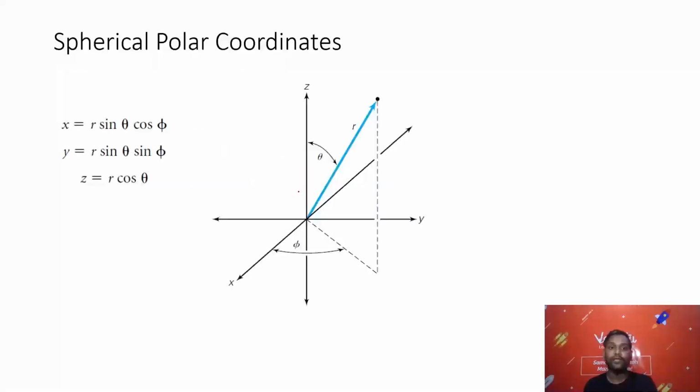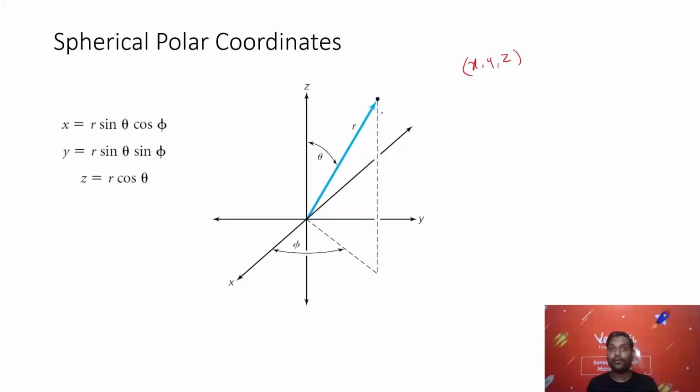Now to begin with, let us first discuss the spherical polar coordinate system. In the Cartesian system, when we have any point in 3D, the coordinates of that point are x, y, z, where x represents the distance on the x-axis, y represents the distance on the y-axis, and z represents the distance on the z-axis. The same point can also be represented in the polar system.